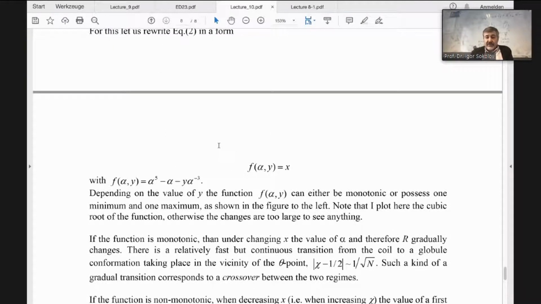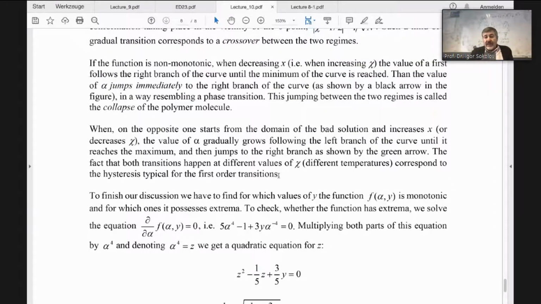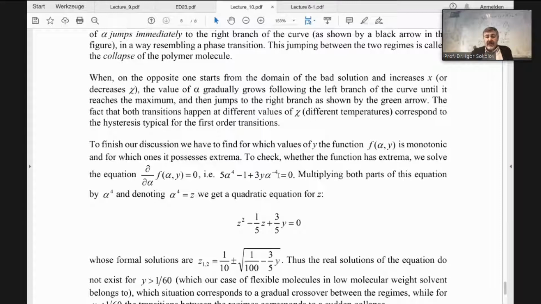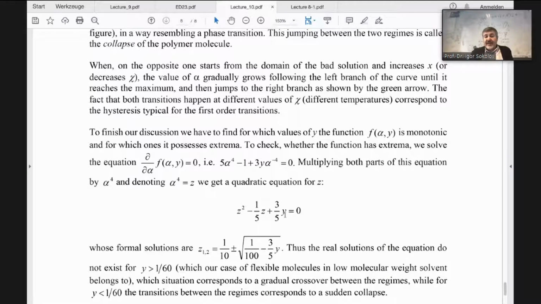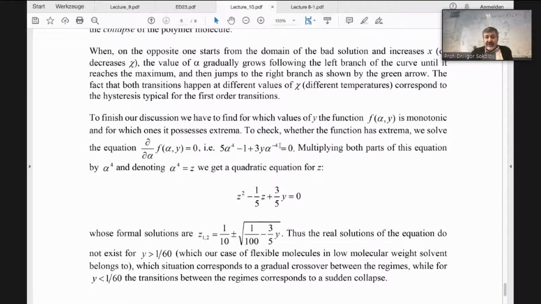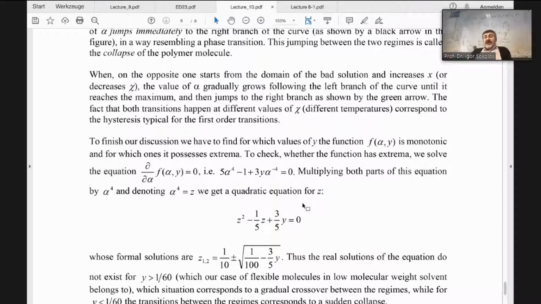I have to take a derivative of this function. And the derivative is here. And then to find where the minimum and the maximum is, I have to solve an equation, this equation. And this is a nice equation, a simple equation, because it's essentially a quadratic equation. If I multiply this times alpha to the power of 4, and then denote alpha to the power of 4 by z, this is what I get. And about a quadratic equation and its real roots, I know that a quadratic equation either has two real roots or none.